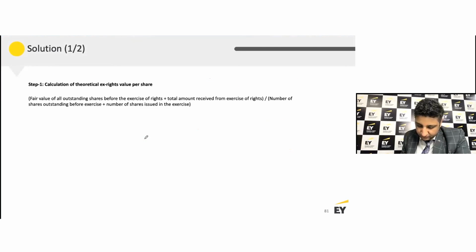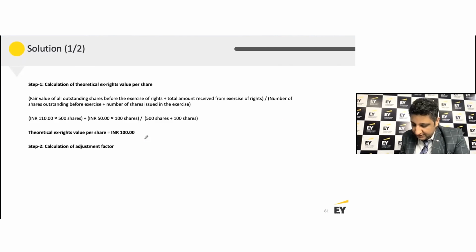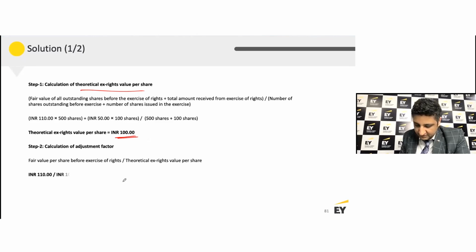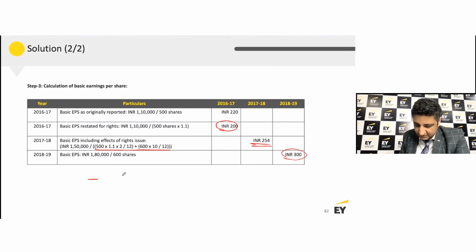Okay, of course, we just tried to hop into the formal solution. Let's have a look at that as well. It says that calculate the theoretical X rights price, first of all, which is 100 given to us, right? Adjustment factor we have already calculated, which is 1.10. And then we just used that number of shares in relation to the profit, or the earnings per share for each of the years. Now this would be, let's say, 200, of course, considering the adjustment factor of the right issue, which is 200 for 16-17.